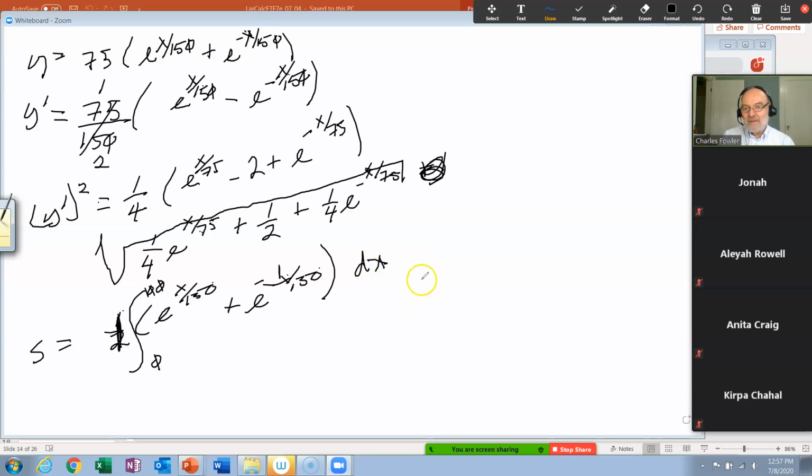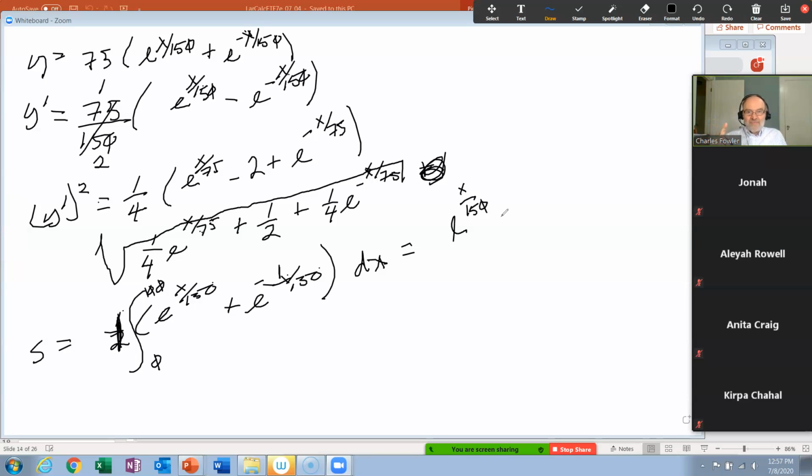Now we've got to take that antiderivative, and that's not really awfully bad. I said derivative, but it's the antiderivative of that, which would be e to the x over 150. If we were taking a derivative, we would multiply by 1 over 150.